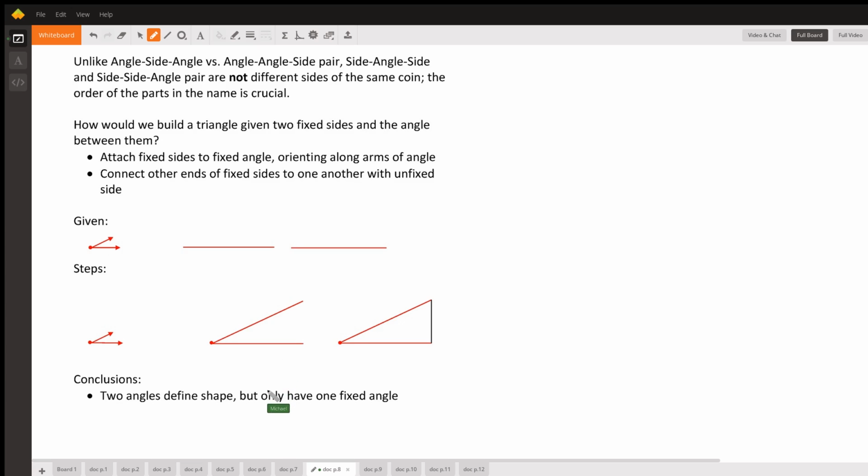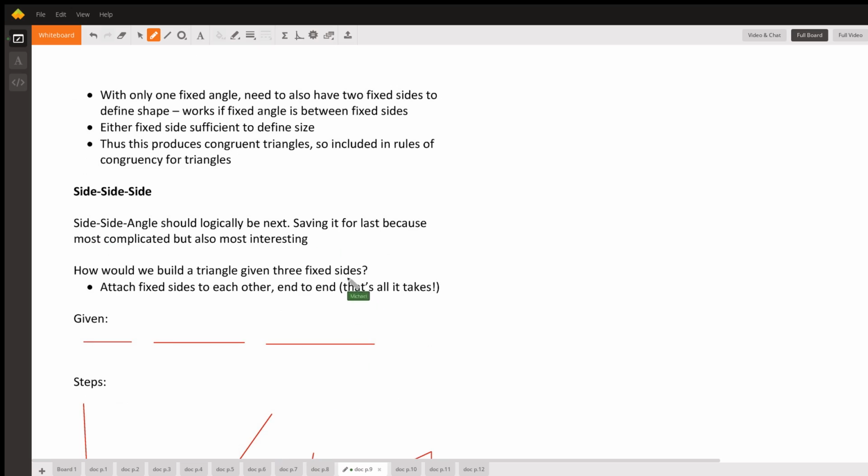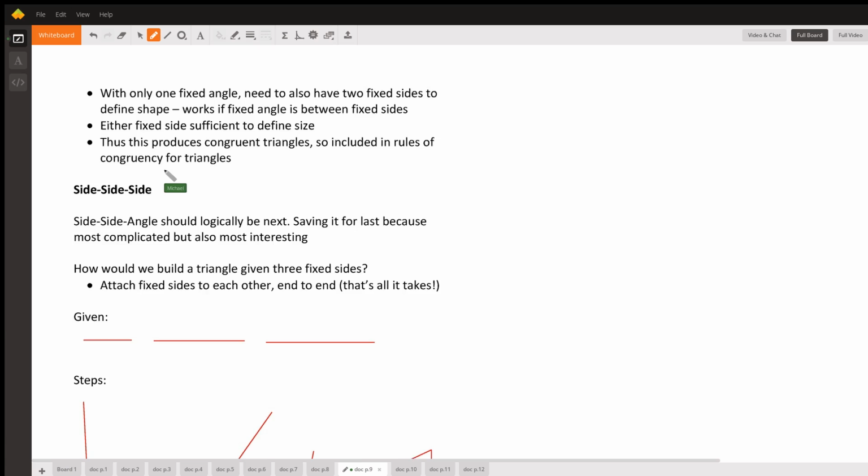So we only had one angle, but by having two sides, that was still enough to define the shape. And this works if the fixed angle is between the fixed sides. And so this produces congruent triangles, and it's on the list of things that are accepted as doing that.